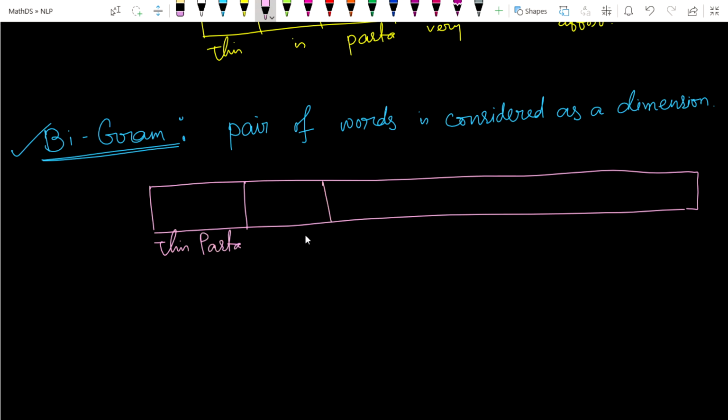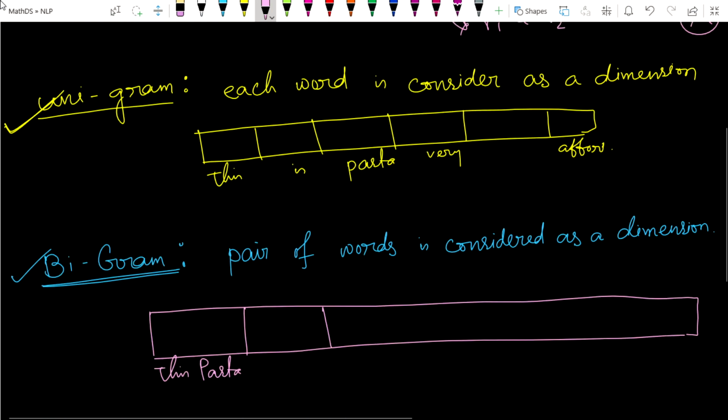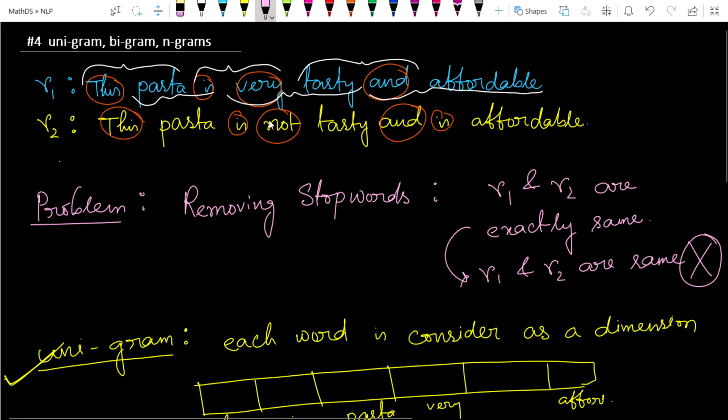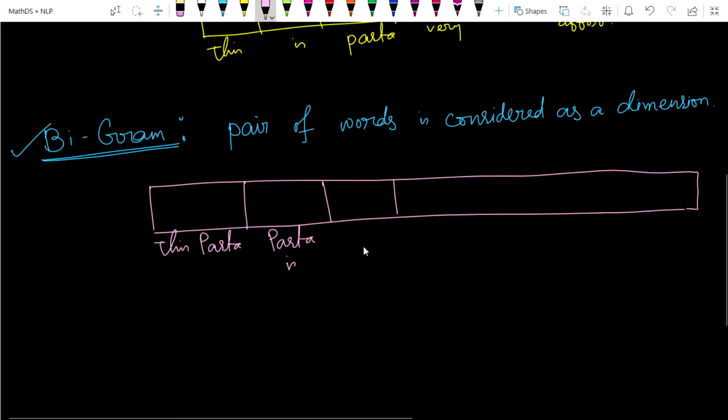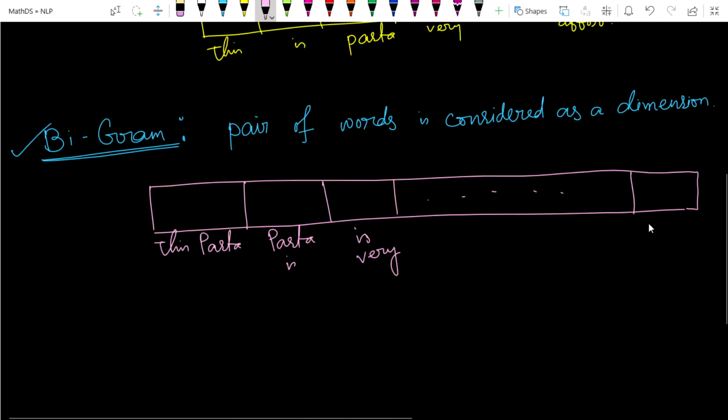The second dimension will be responsible for "pasta is". The third dimension will be "is very". And at the end it will be "and affordable".